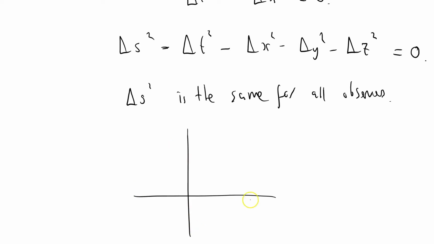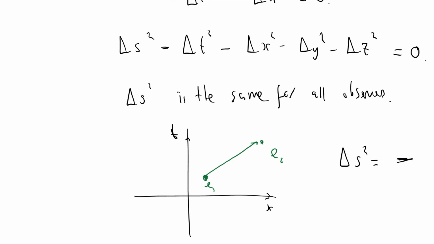That means that if I set up my coordinates here, x and t, and I've got a couple of events here, E1 and another event E2, I can calculate delta s squared equals some particular thing.